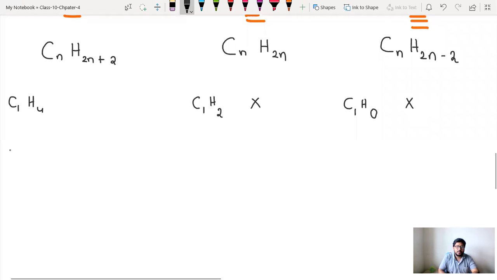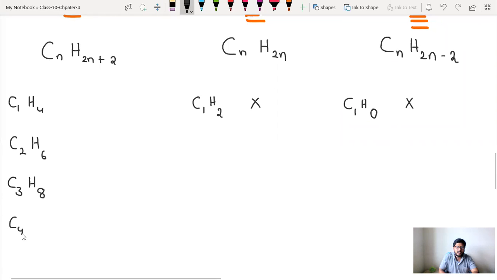Now substitute 2 in alkane. It becomes C2, 2 into 2 is 4, 4 plus 2 is 6, C2H6. Substitute 3: C3H, 2 into 3 is 6, 6 plus 2 is 8, C3H8.